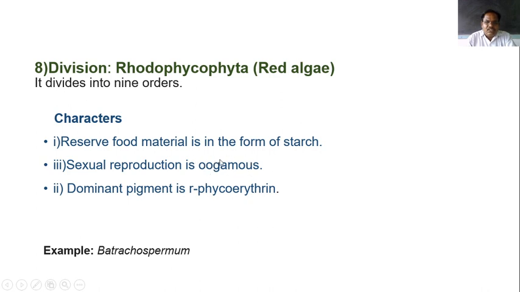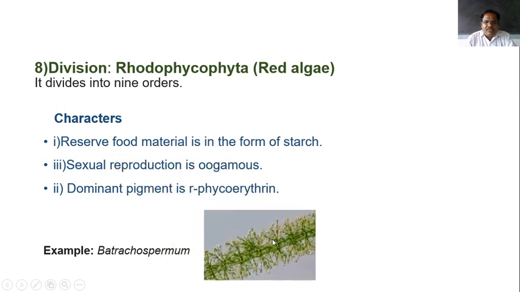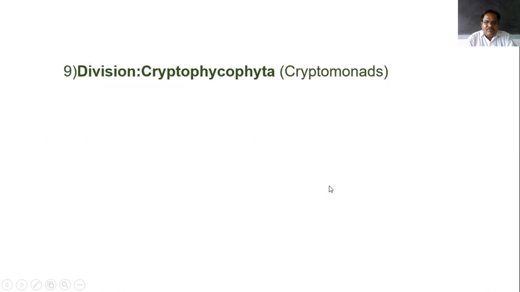A well known example is the red algae Batrachospermum. Batrachospermum has glomerules found at the nodal structure, and it is a microscopic algae, and on it a cluster is found, which is known as the glomerule.